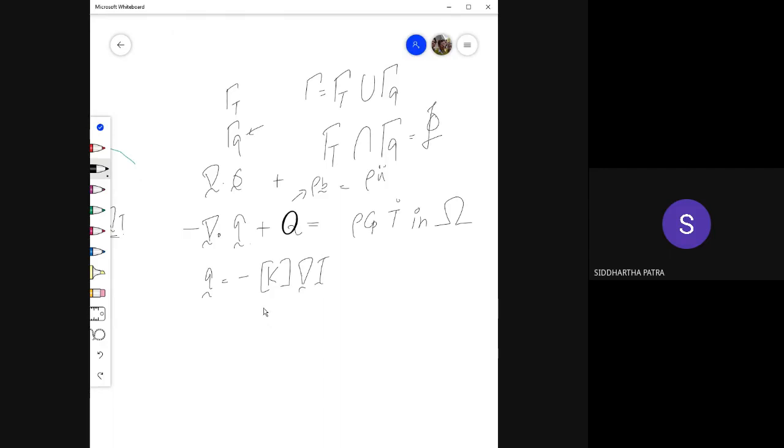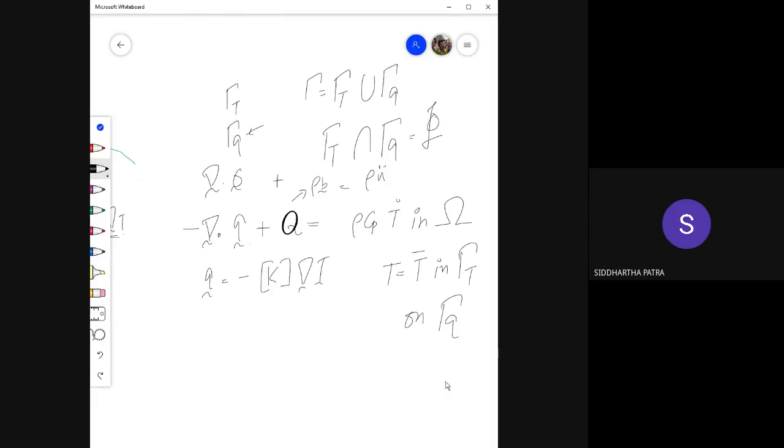And T is known as T bar, let's say, in gamma T, and on gamma q you have been given the flux.